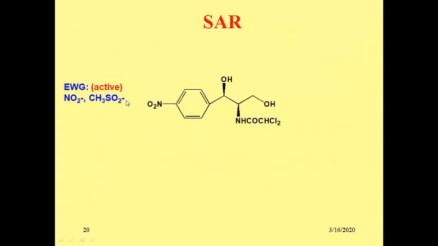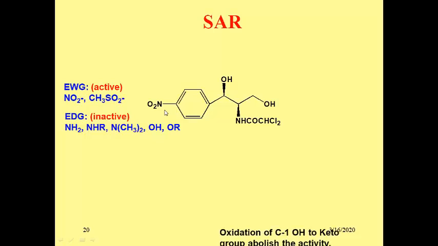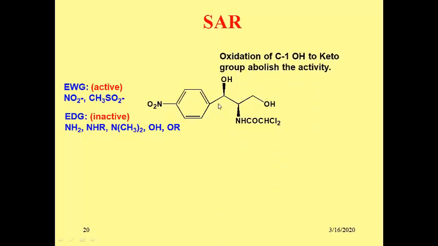Structure activity relationship: electron withdrawing groups, nitro or methyl sulfonyl, increase activity, but electron donating groups result in inactive compounds. Oxidation of the secondary alcohol to ketone abolishes the activity.